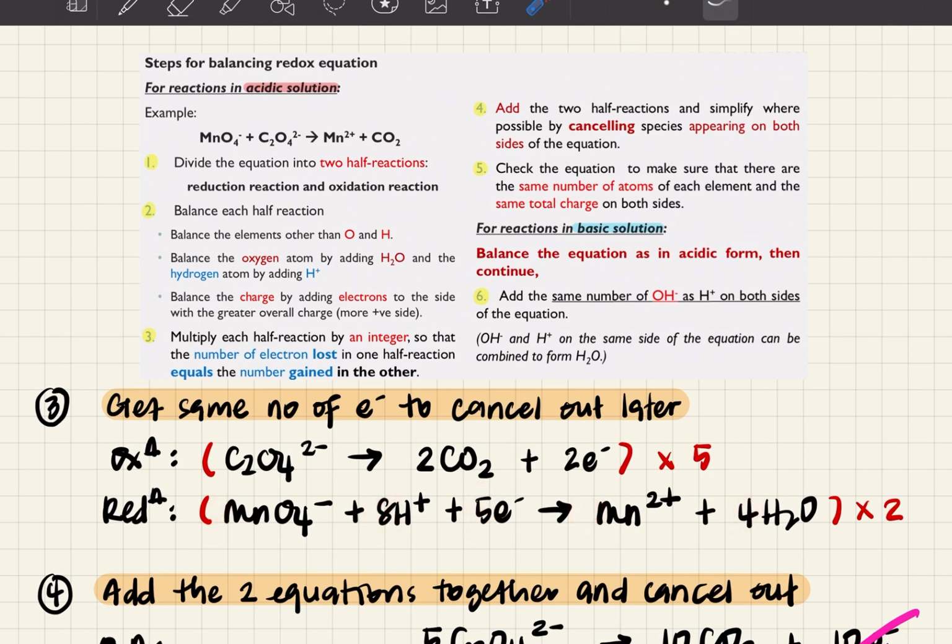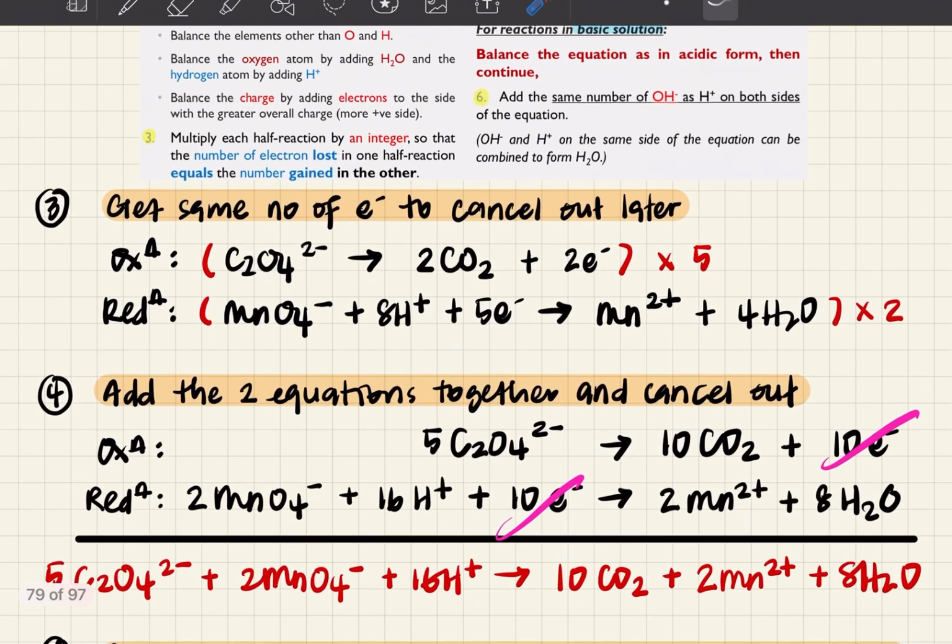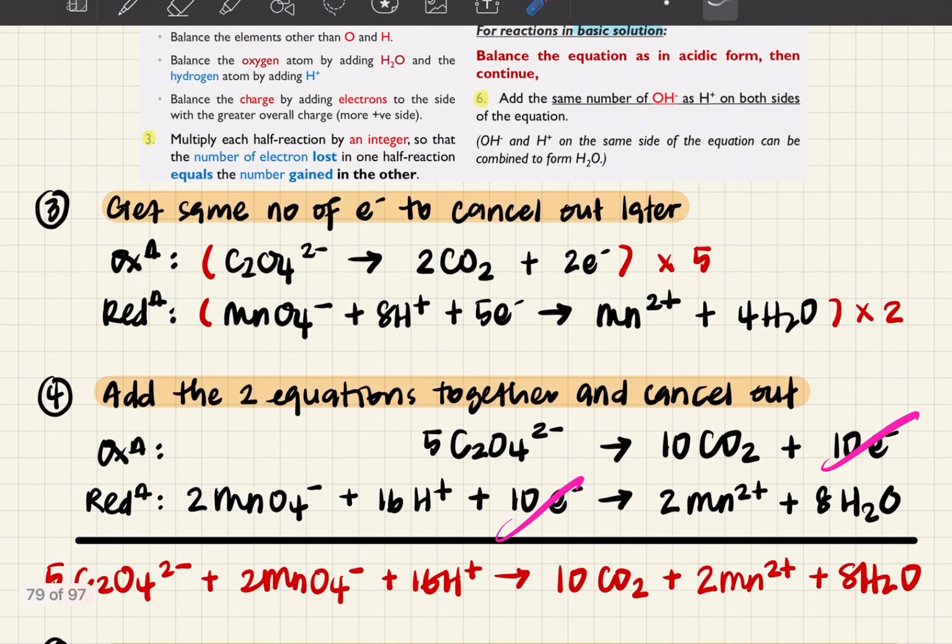So, when the number of electrons are the same, later you can cancel out. In the fourth step, where you will add the two half equations and simplify where possible by cancelling the species appearing on both sides of the equation. So, maksudnya mana species yang sama, kita akan cancel out. Okay, so, tadi kita dah kali kan? Okay, so kita dapat ini.